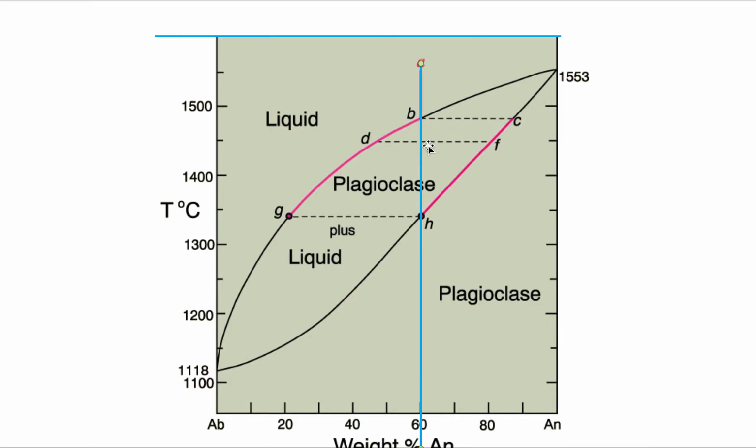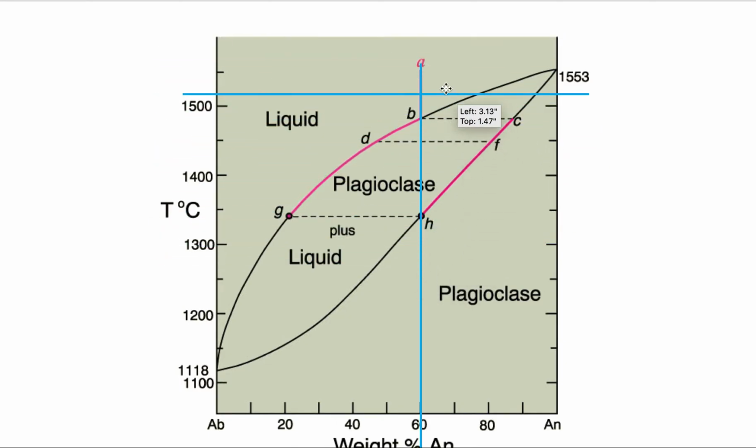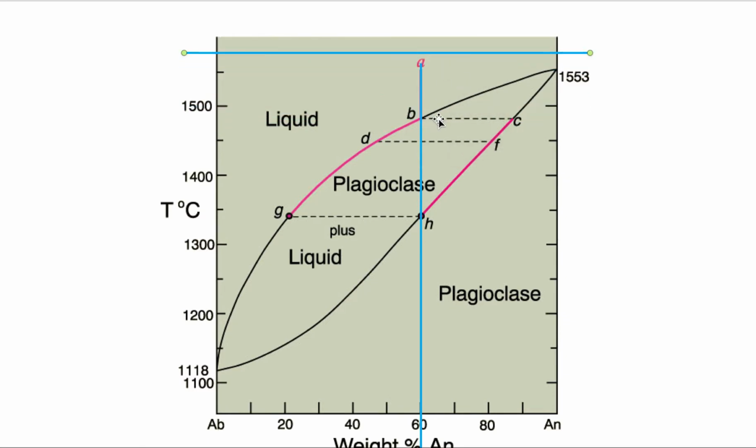Now, this line over here will give us the amount of liquid. How do we know? If you ever forget, just think about the case where it's completely liquid. It's a little bit anti-intuitive because we're looking at the part of the line segment that connects F to the solidus.